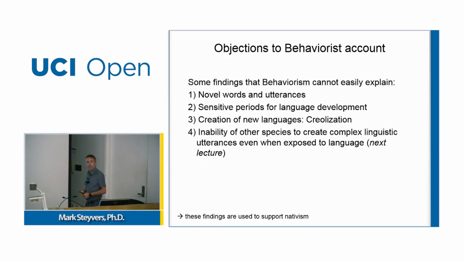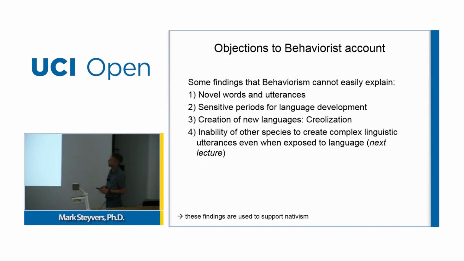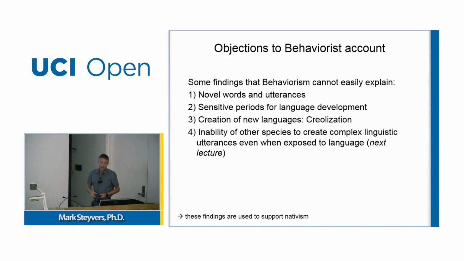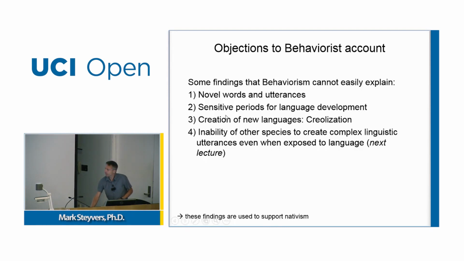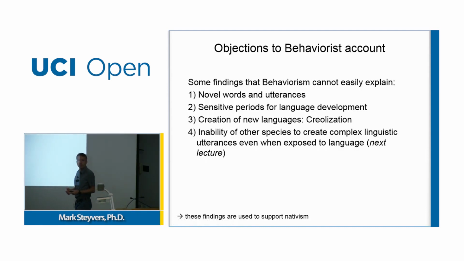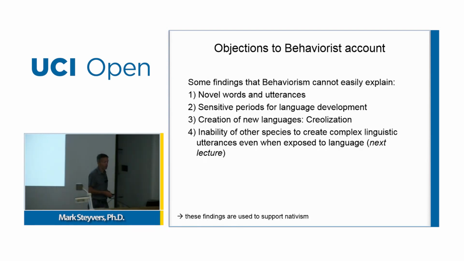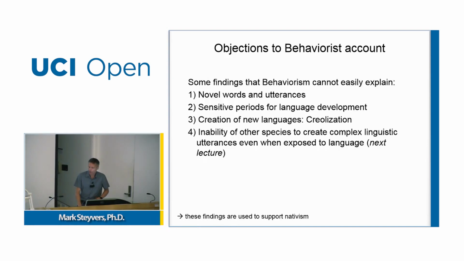One is the formation of new words and utterances that infants are never exposed to. The phenomenon of sensitive periods for language development. The creation of new languages, creolization, and the inability of non-human species to learn complex languages. So let's go over those first three points.